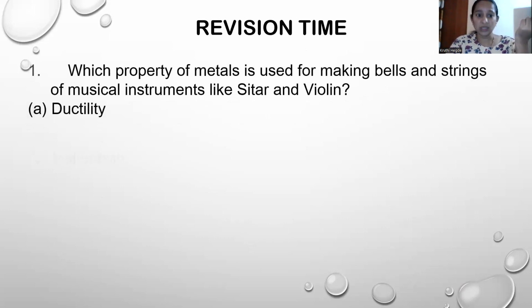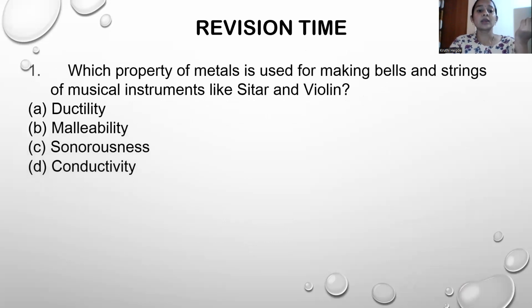Options: ductility, malleability, sonorousness, and conductivity. Yes, if it was only strings, then your answer would have been ductility, because strings means wire. But they have mentioned bells and strings.